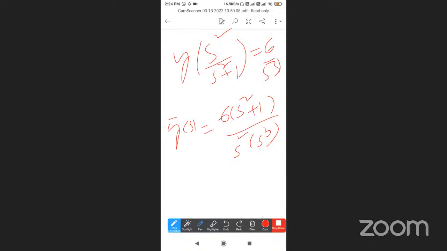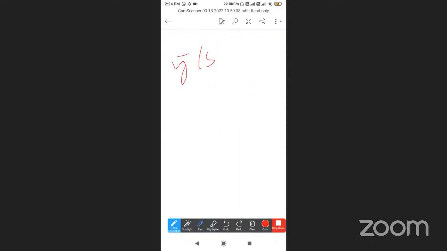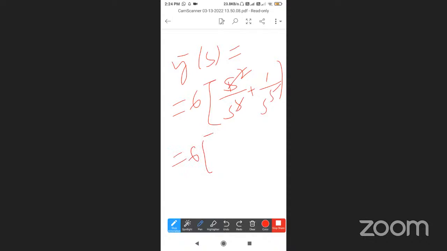We take it separately: 6 into s square plus 1 by s to the power of 5. So y bar of s is equal to 6 times 1 by s cube plus 1 by s to the power of 5, after s square cancels. So this is y bar of s.